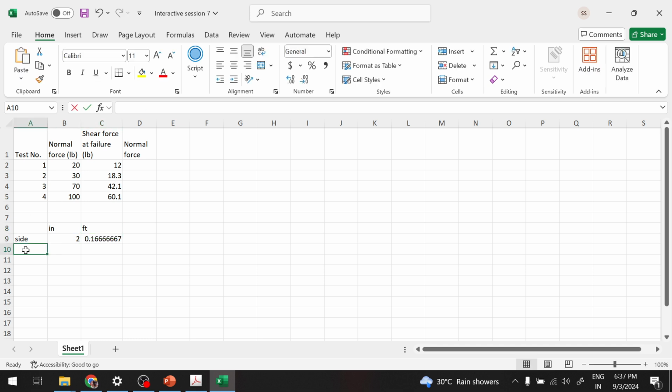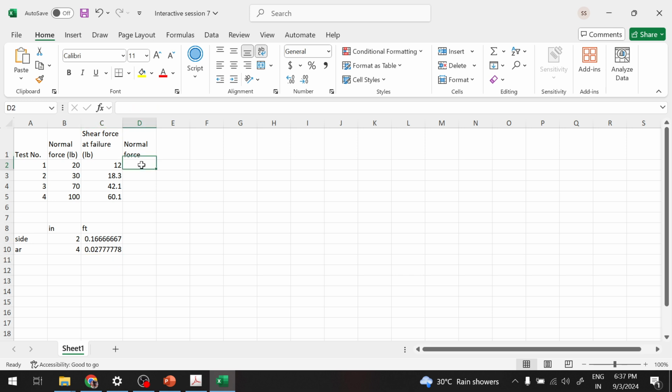So the area will be this multiplied by this, which is equivalent to this multiplied by this in feet square.